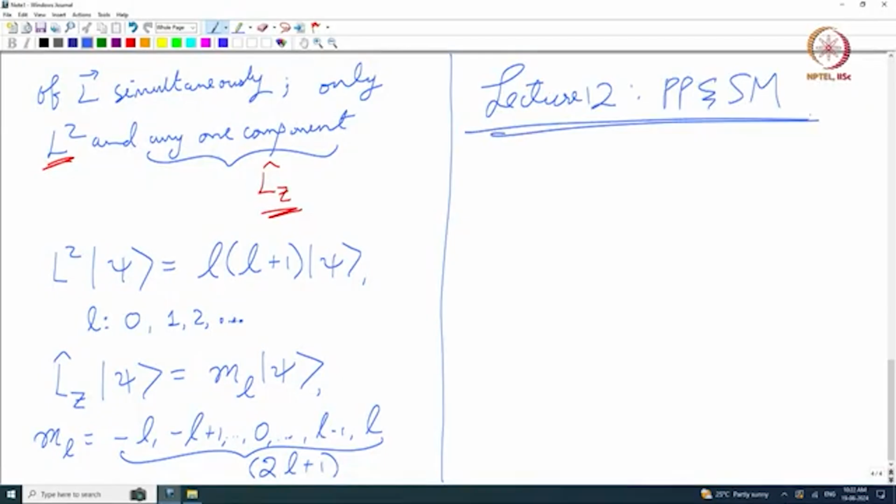Good. So last time we started looking at angular momentum in quantum mechanics as a segue to continuous symmetries, right? And we saw that you cannot measure the different components of angular momentum simultaneously.